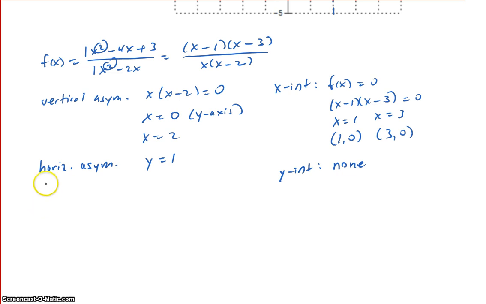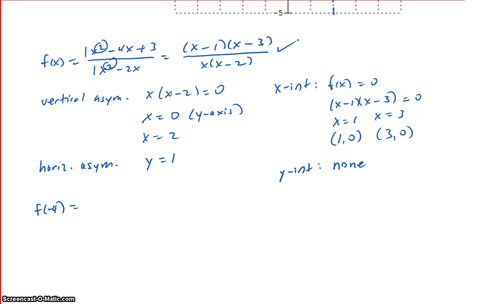If I want to compute f of -4, I could substitute into the function in its original form, but we might find it easier to use the factored form, (x minus 1)(x minus 2) over x times (x minus 1)(x minus 3) over x times (x minus 2).